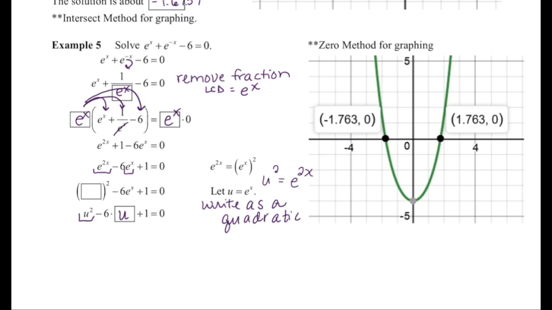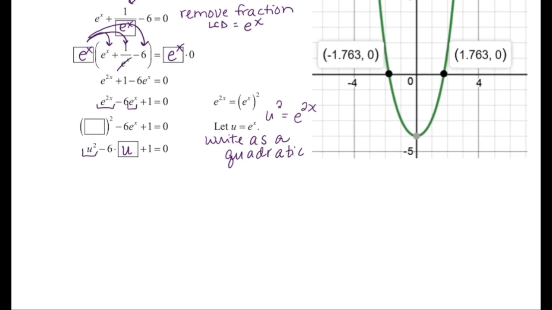And now that it's in quadratic form, there's nothing that multiplies to 1 and adds to -6. So I have to use my quadratic formula. A is equal to 1, B is equal to -6, and C is 1. u equals opposite B, I should say u, not x, because we're solving for u.